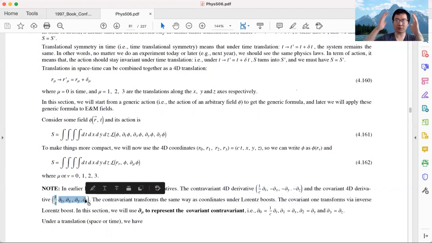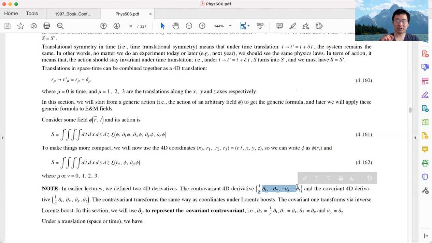If we perform a Lorentz boost to the coordinate, this guy behaves exactly opposite to the coordinate. That's why we call it covariant instead of contravariant. Covariant means this guy follows the inverse Lorentz boost, exactly opposite to the 4D coordinates. So in earlier lectures, mostly we are doing this for my derivatives.